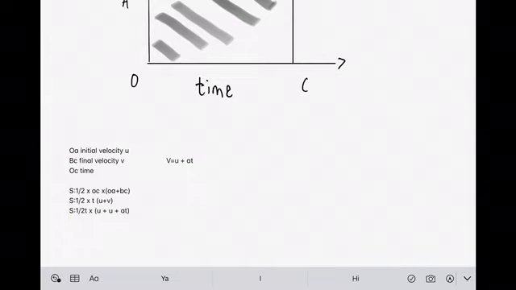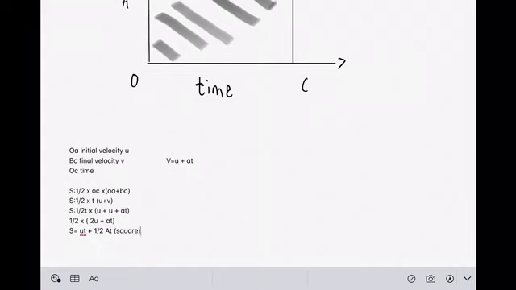After that, we will get half into 2u plus at, and S will then finally equal to ut plus half at square.